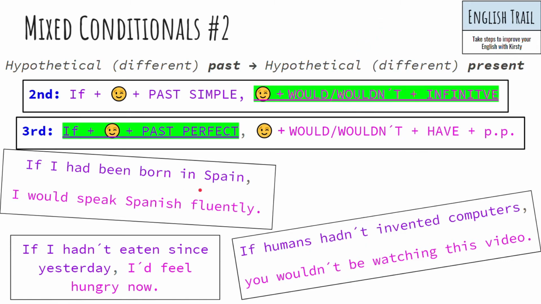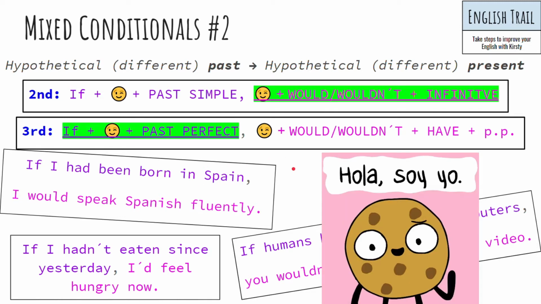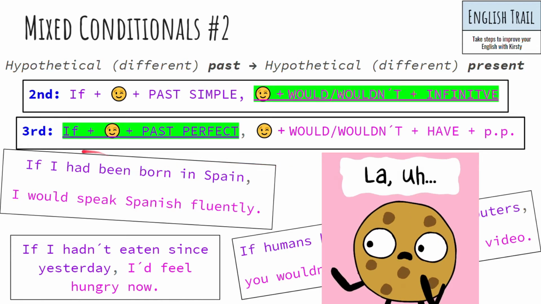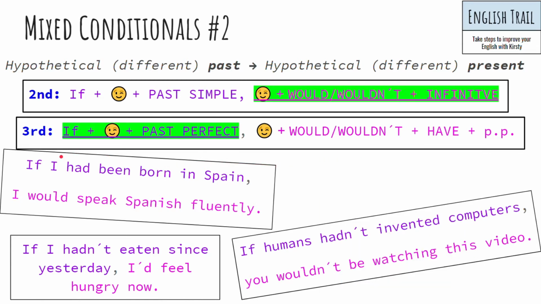Yeah. In reality, I was born in England, so I don't speak Spanish fluently. I do my best. But I've had to learn it. However, if the past had been different, if I had been born in Spain, now I would speak Spanish fluently.